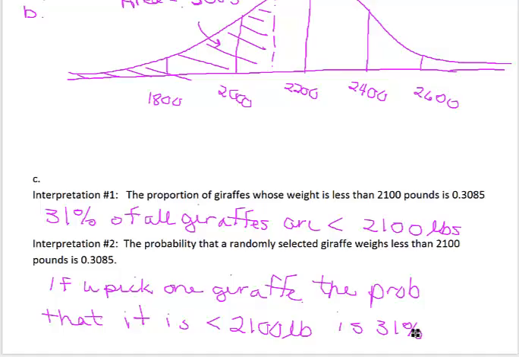Okay, so that's the 2 different ways that you can translate this area under this thing. The whole group or just one little giraffe.